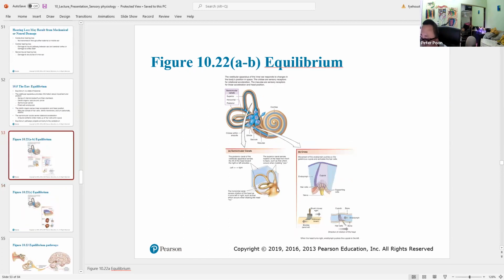And then here are the semicircular canals. You have three: x, y, y, z, x, z. What they measure is rotational equilibrium. If you're not moving, the fluid inside the ear is not moving. If you start to spin, when you accelerate, you move first, then the fluid moves.